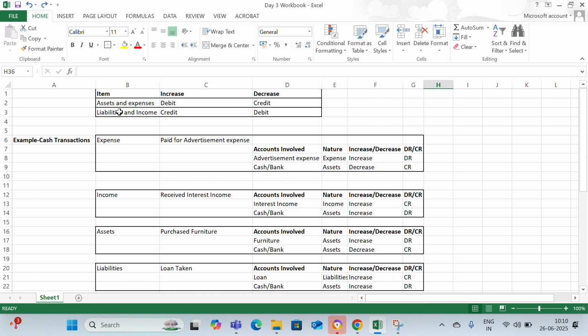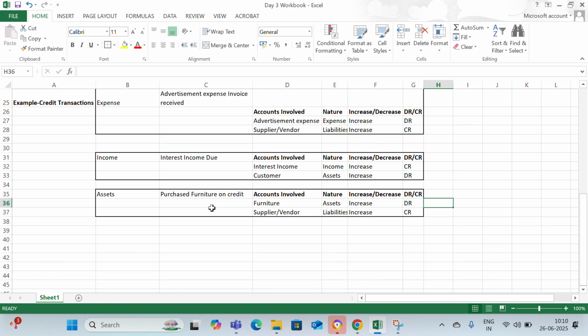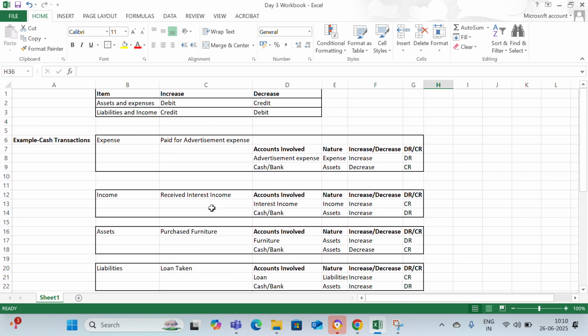Going forward, we will make these journal entries complex by having multiple GL accounts involved in a single journal entry, and we will try to understand how these journal entries will get posted in SAP and what are the parameters that we have to check when posting a journal entry into SAP.